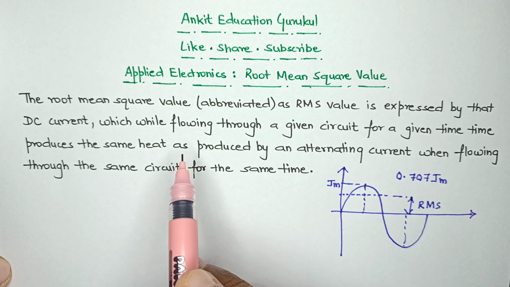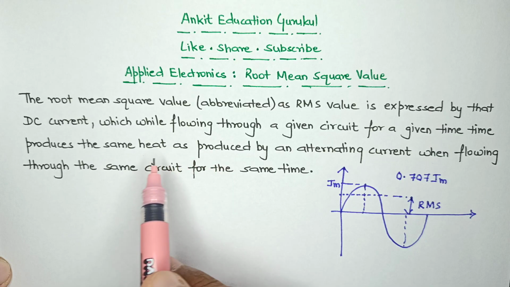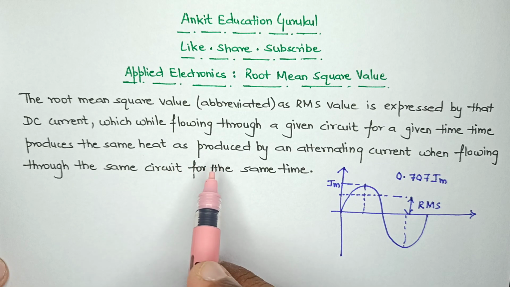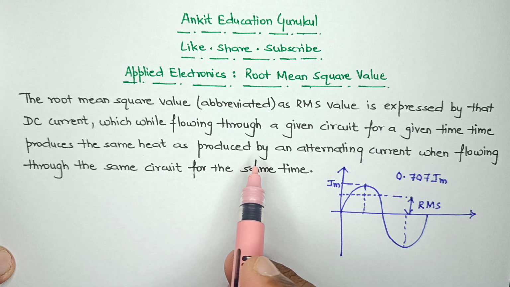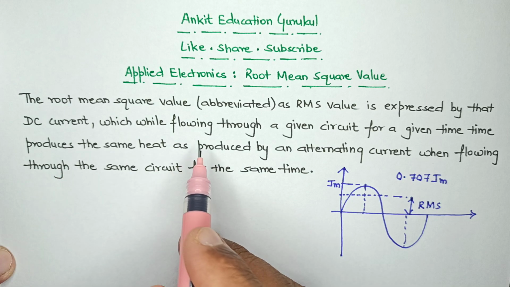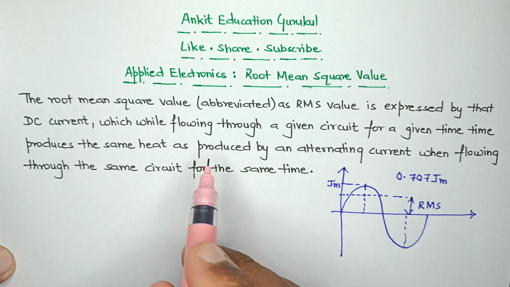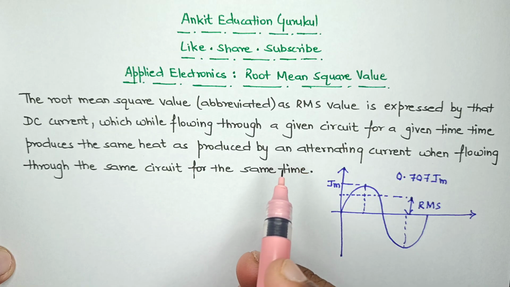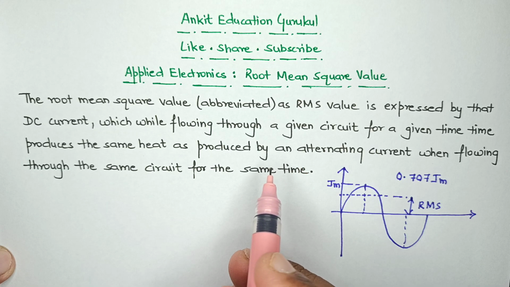However, in actual practice, the terms RMS and effective value are used more extensively. The symbol we use for the RMS is IRMS, or simply I. The RMS value may be determined by taking the mean of the squares of the instantaneous values of the current over one complete cycle.